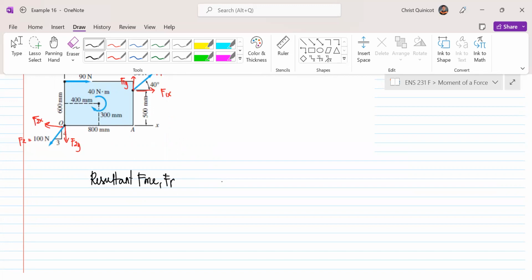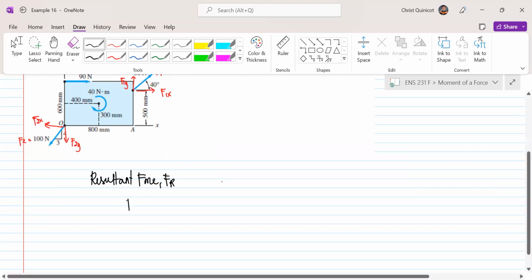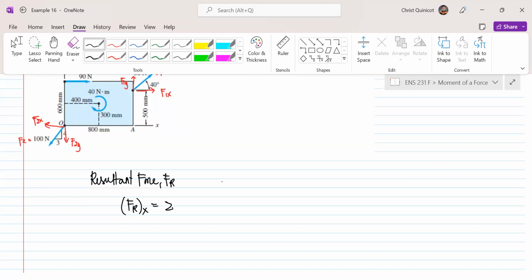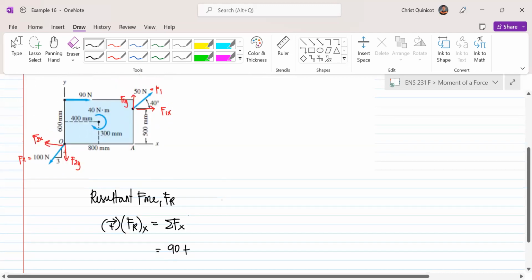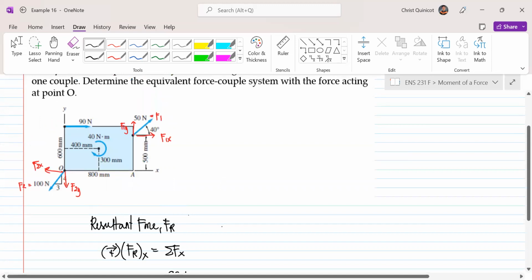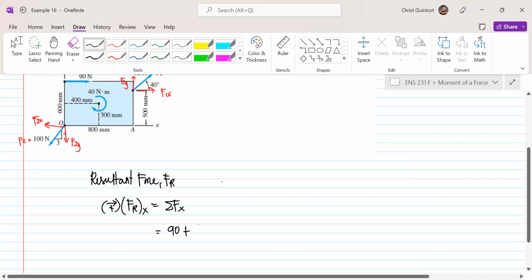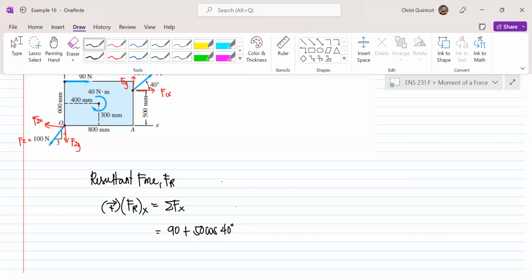F sub R. So we have the x component of our resultant force is equal to the sum of all the forces in the x direction, assuming to the right positive. So we have to the right, that's 90. And then F sub 1x, that's 50 times cosine 40 degrees.